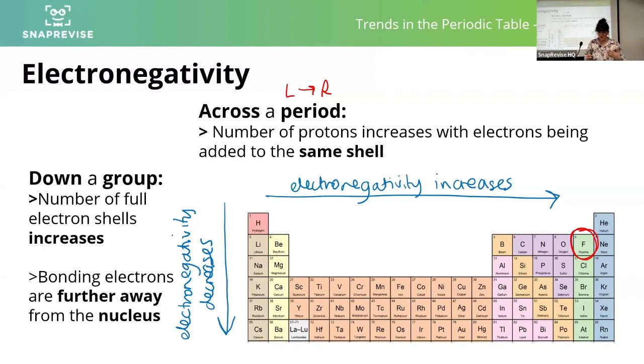And therefore, everything must be increasing across the period towards fluorine, and up a group, it must be increasing towards fluorine, or it must be decreasing away from fluorine. So if you can remember fluorine is the most electronegative, then that helps you to remember the trends, because that's got to be the top, the most within the trend.